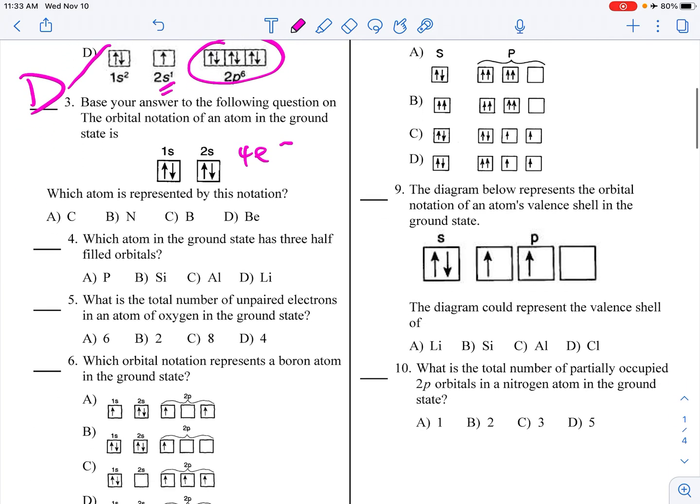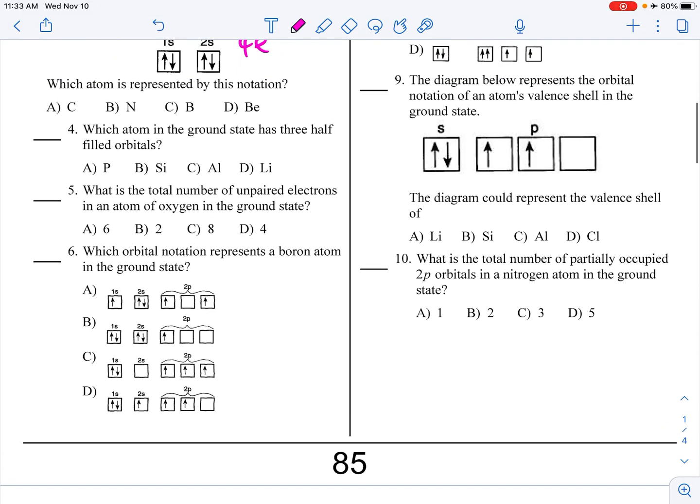Which atom in the ground state has 3 half-filled orbitals? Let's go down here. So phosphorus has 15 electrons. So 1s2, 2s2, 2p6. So there's 10. Whoops.